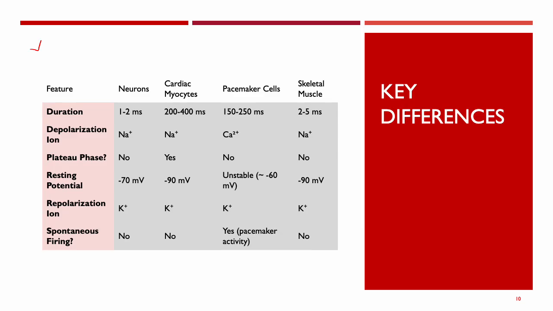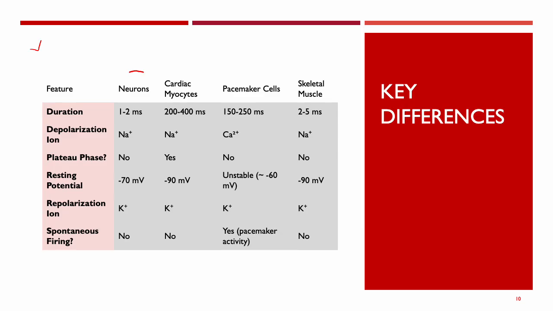And the answer is no, it's not. The action potential structure differs between neurons, cardiac cells, and other excitable cells. However, the basic principles, so depolarization, repolarization, etc., are similar. But the ion channels, the duration, and the phases will vary depending on the cell type.